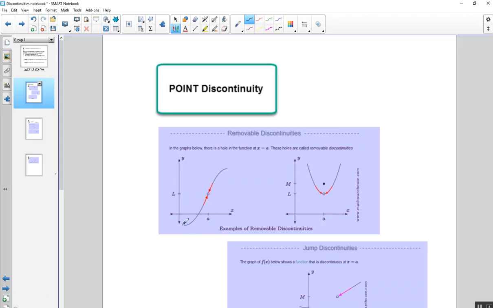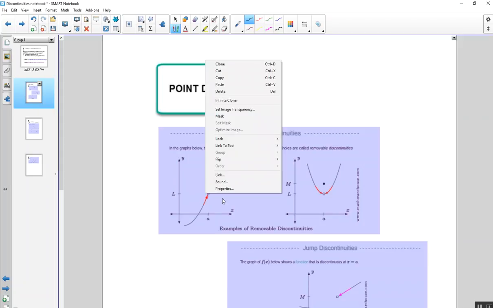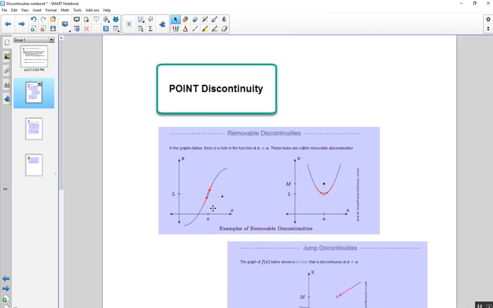So as x gets closer and closer to this value a, the function looks like it's going up to this height here, but when it actually gets there, there's nothing there. And the same if we look at it from the other direction, as x approaches a from this side, the function looks like it's going towards that height of L, but when it gets there, there's nothing there. So that's called a hole.